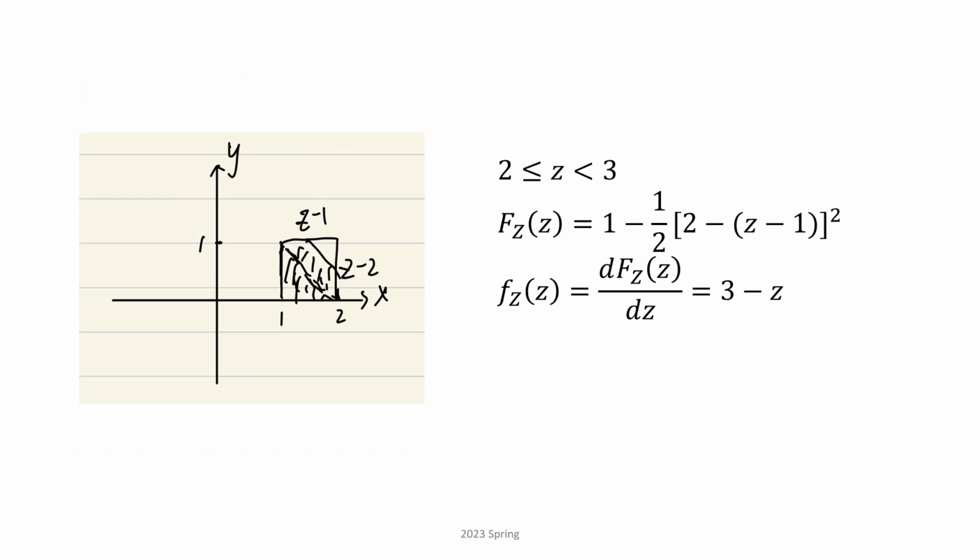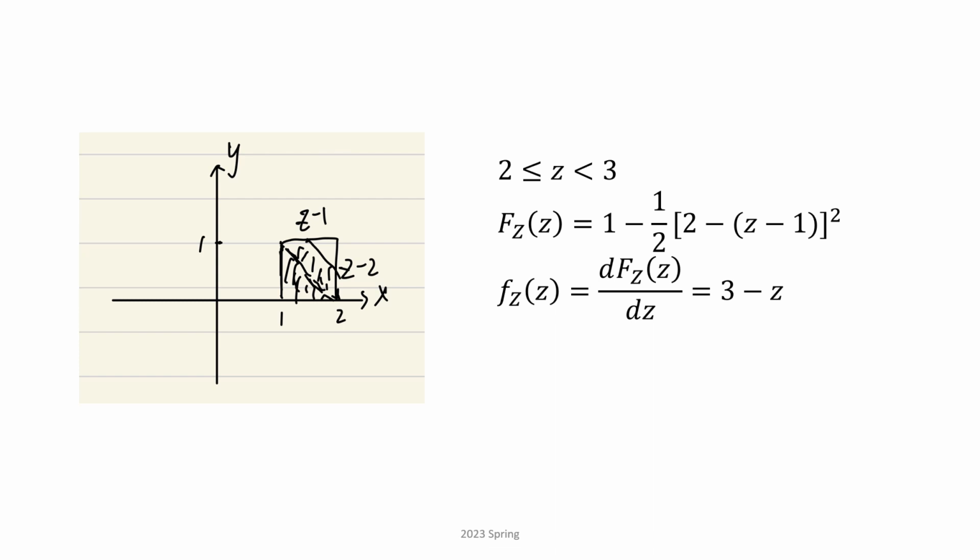If z is in the upper triangle of the square, which means z is greater than 2 and less than 3, the area of the shadow equals the area of the square minus the area of the upper triangle, and it equals 1 minus half of (2 minus (z minus 1)) squared.